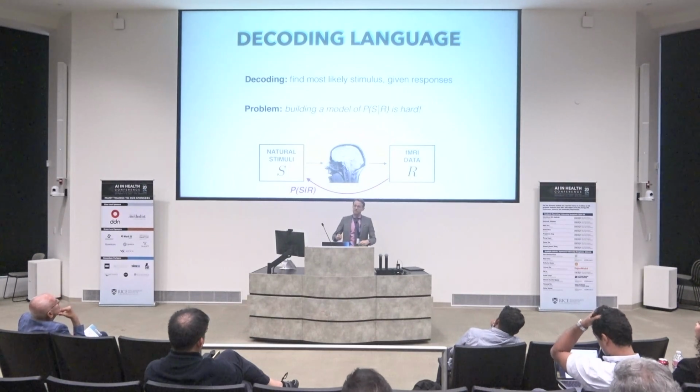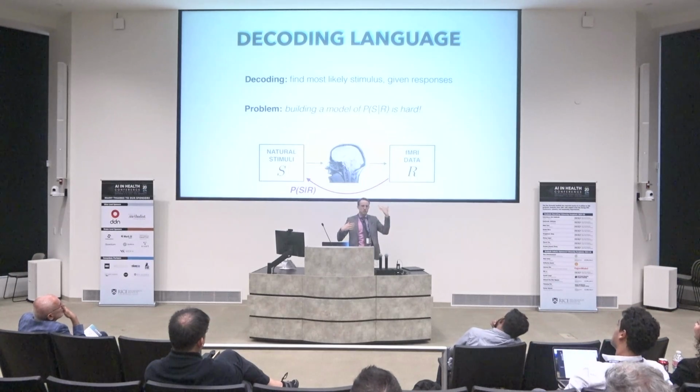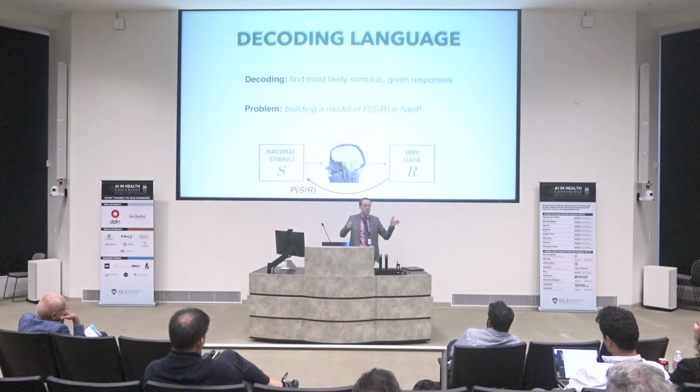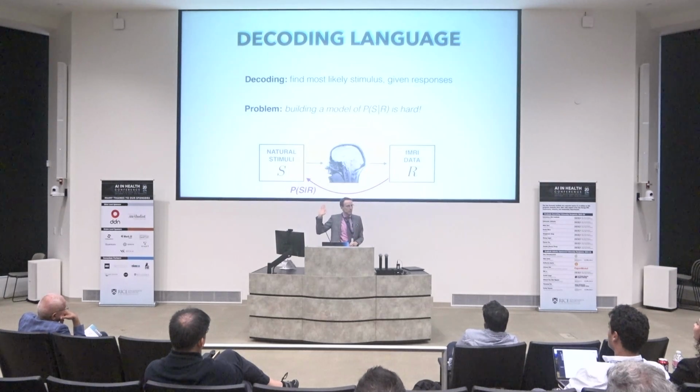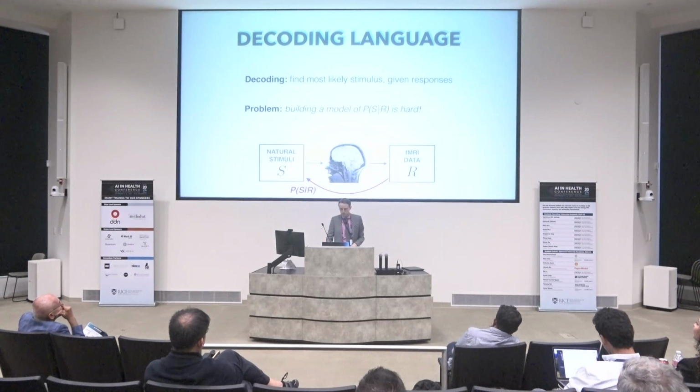In fMRI, we're seeing this blood oxygenation signal that after a burst of neural activity, rises for a few seconds and then falls for a few seconds. So in every moment of fMRI signal that you read, you're actually seeing some kind of integration sum over the last 10 seconds of input, which is maybe 30 or 40 words. How can you disentangle this? Directly modeling this ends up just being a very nasty problem that, again, nobody has actually solved successfully.